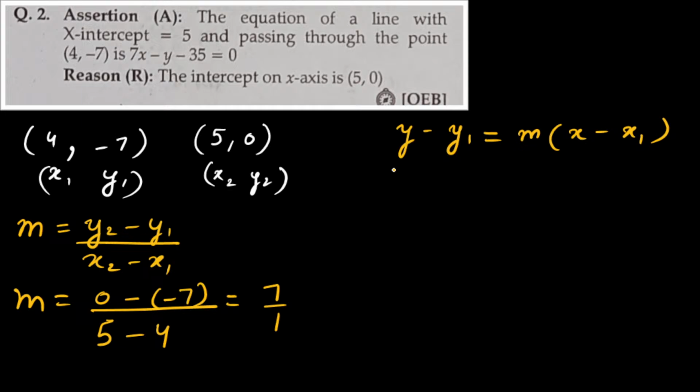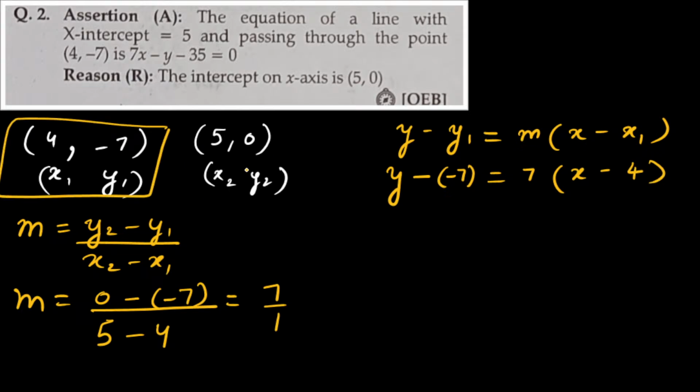Now let us substitute. y minus y1, y1 is again minus 7, so y minus of minus 7 equals m which is 7, into x minus x1, where x1 is 4. The same points you have to use, the same x1 and y1 which you used for finding the slope. So y minus minus is plus, so y plus 7 is equals to, now you can do the multiplication, 7 into x is 7x minus 7 into 4 is 28.